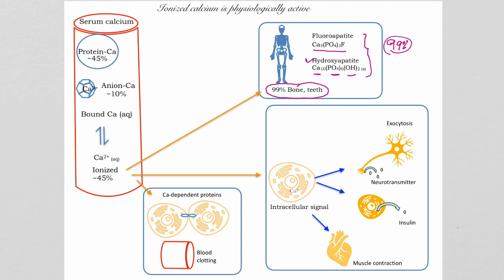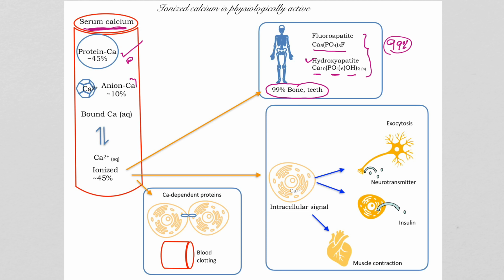Now in your blood, since we measure serum calcium as a routine test, you should remember that 45% of this calcium in your blood is bound to proteins. So this is the bound calcium.